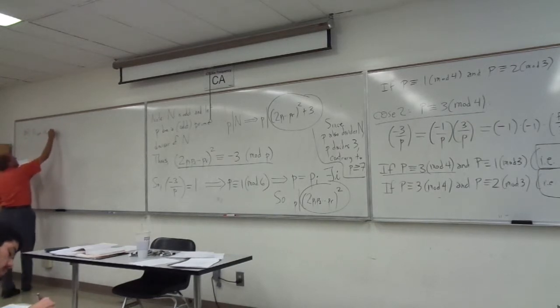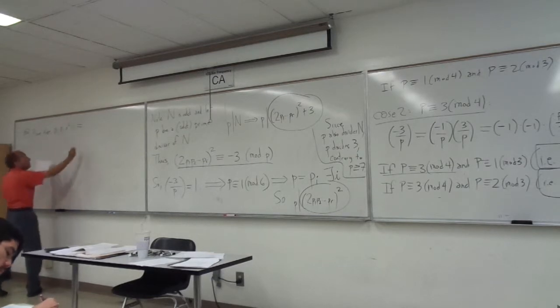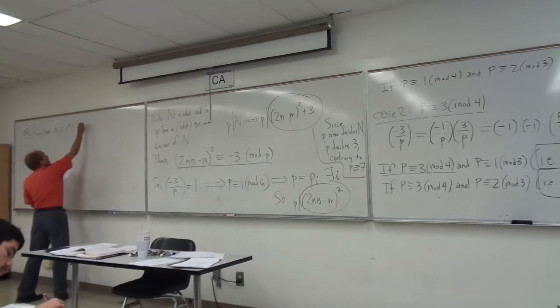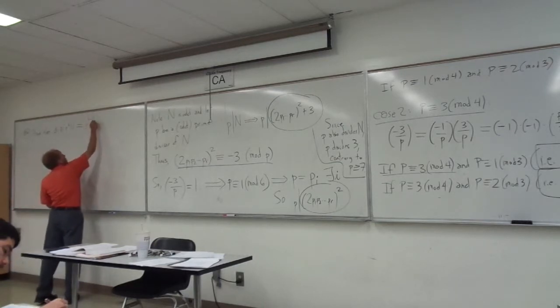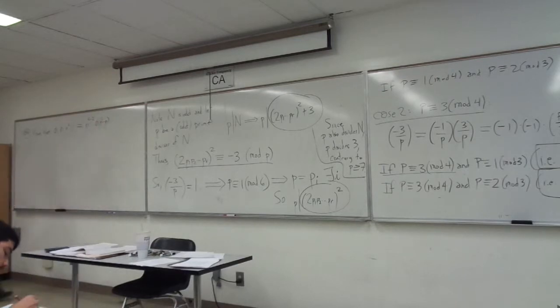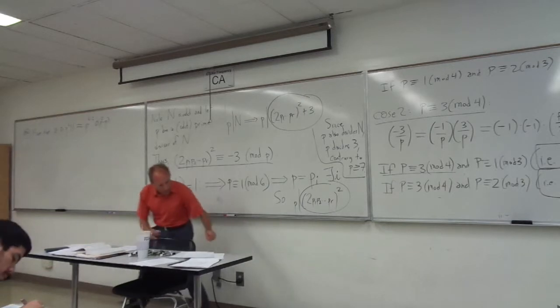that phi of p to the k is equal to p to the k minus 2 times phi of p squared minus p. Okay, I don't think this is that exciting, but it doesn't have to be exciting, does it?